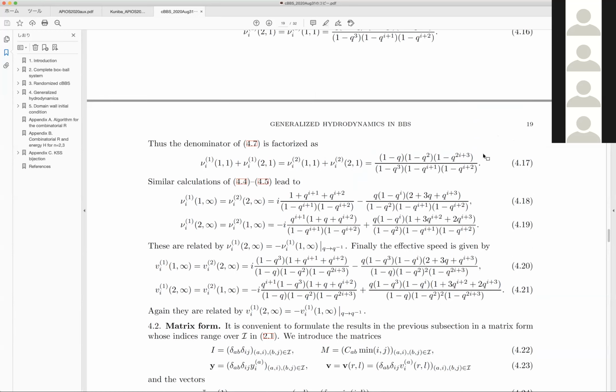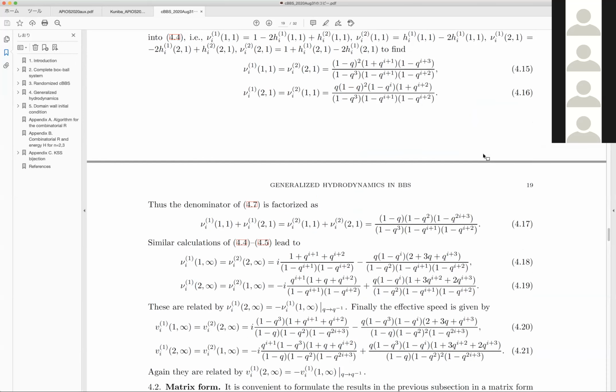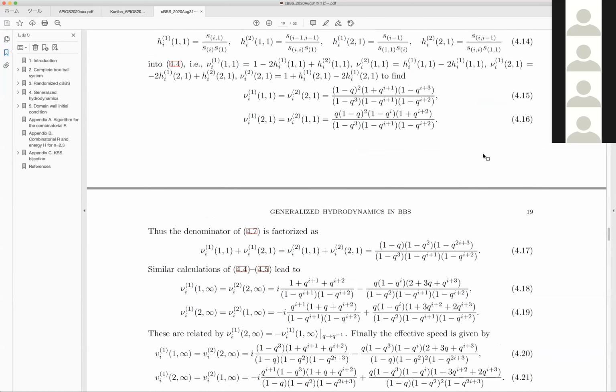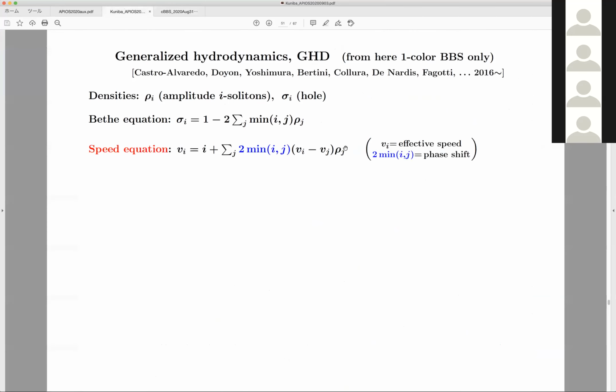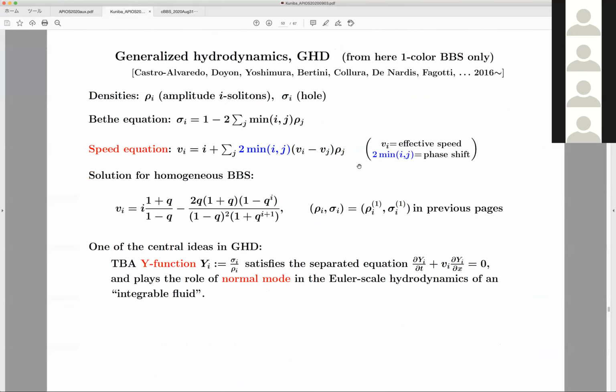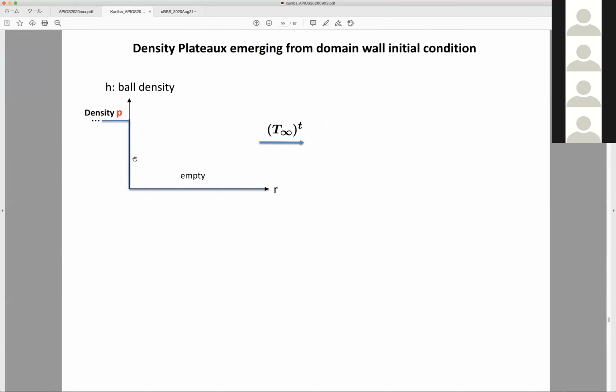One more question is, can you explain how a Riemann problem is defined for the BBS soliton? Okay. The Riemann problem. So pictorially, it's like this. We consider the infinite system, and initially we prepare the system with an IID distribution on the left side.